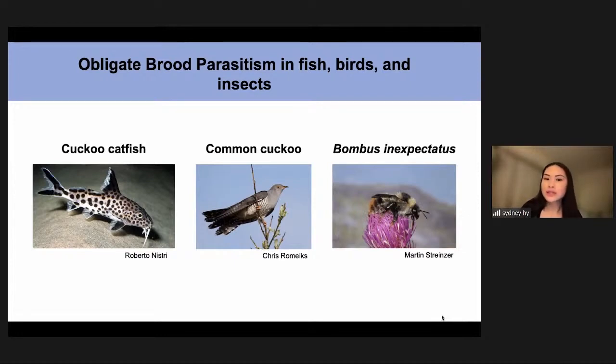While there are 53 known cuckoo species that exhibit this form of parasitism, there's only one known fish species that does, and that is the cuckoo catfish. When we look at insects, and especially social insects, we find really interesting strategies and tactics that parasites use to exploit their hosts. As we will see shortly, there are some traits that parasites carry that severely limit their ability to live independently from a host.